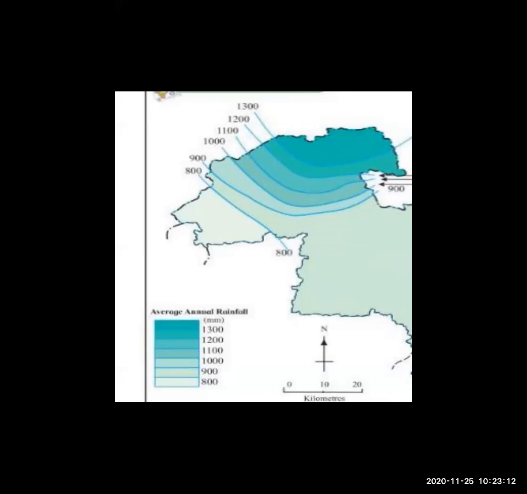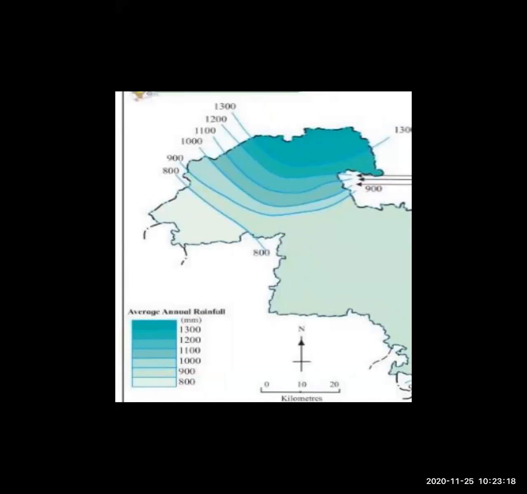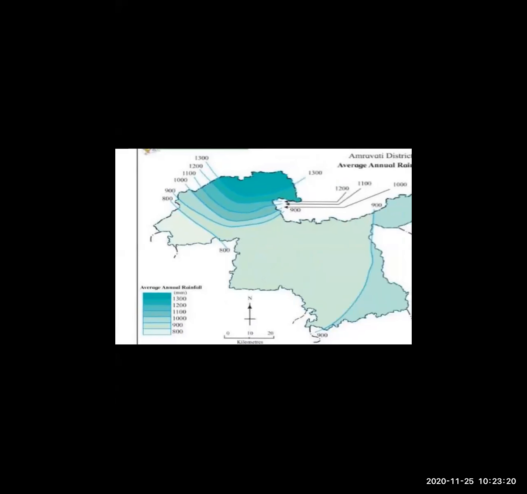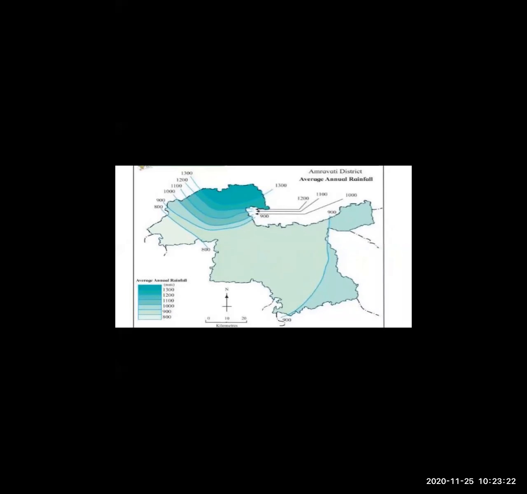Okay, 1300 millimeter. Yes, it's correct. Now just tell me, which method is used in this map? Okay, very good, student. It used the isopleth method.